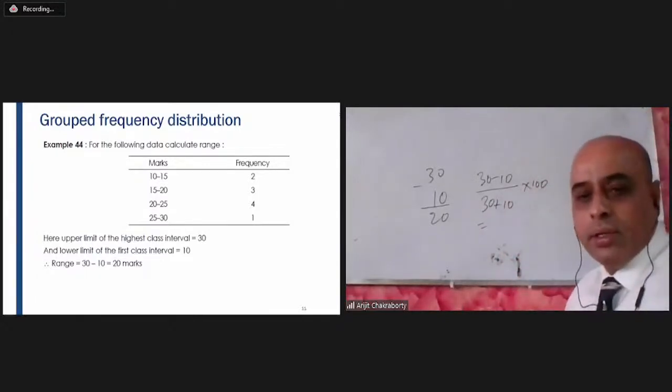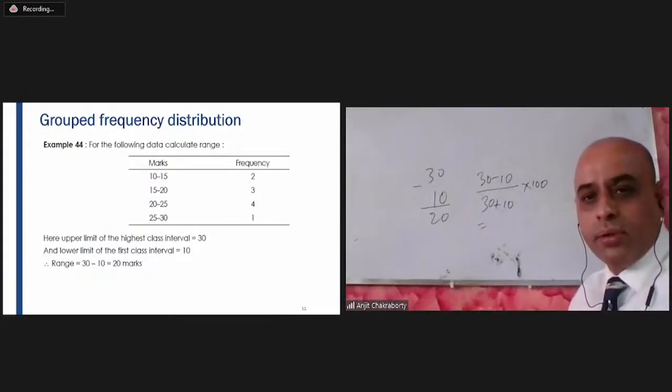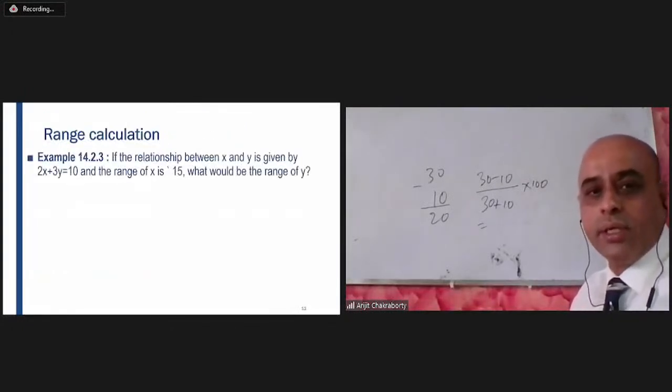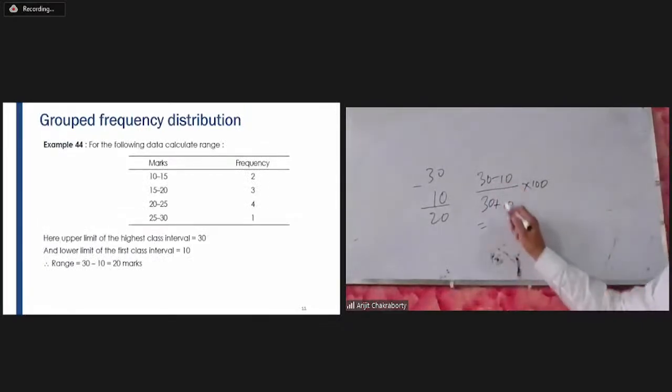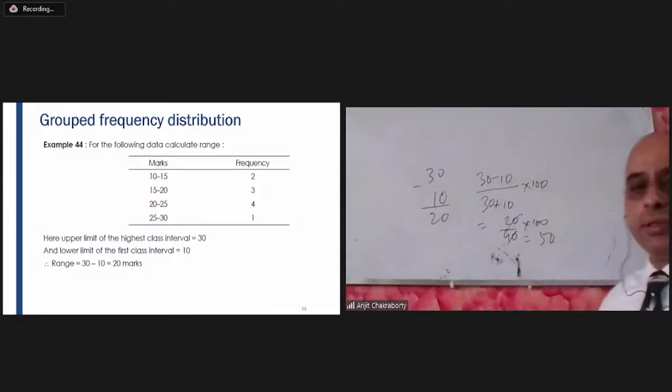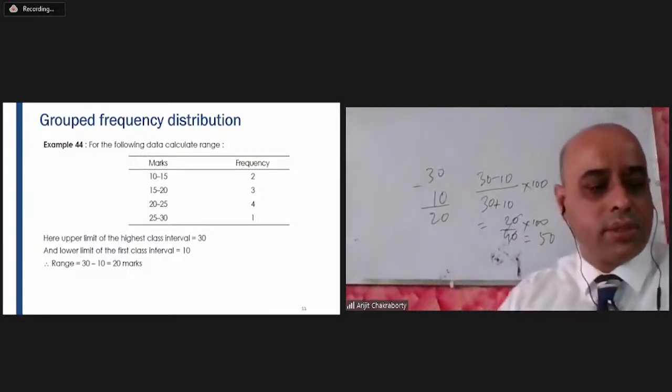Okay. So let us work it out and see. Range calculation we have done, and the coefficient of range comes to 30 minus 10 is 20, 30 plus 10 is 40 into 100. So it comes to 50. This is the coefficient of range in this particular example.